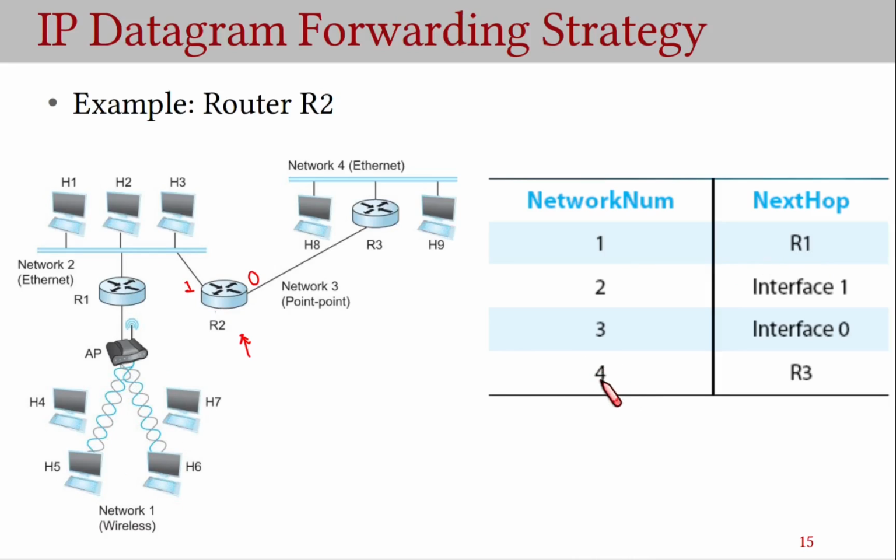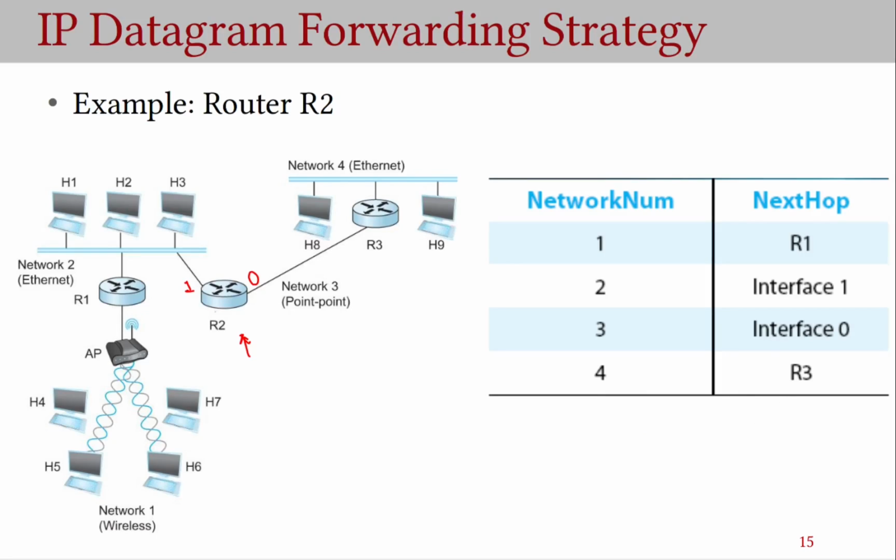And if the network number corresponding to the destination address is 4, then it has to send to router R3, because router R3 is connected to that network. So this is how the forwarding table of a router typically looks. There is also going to be a default router, so if nothing matches, it sends to that router.